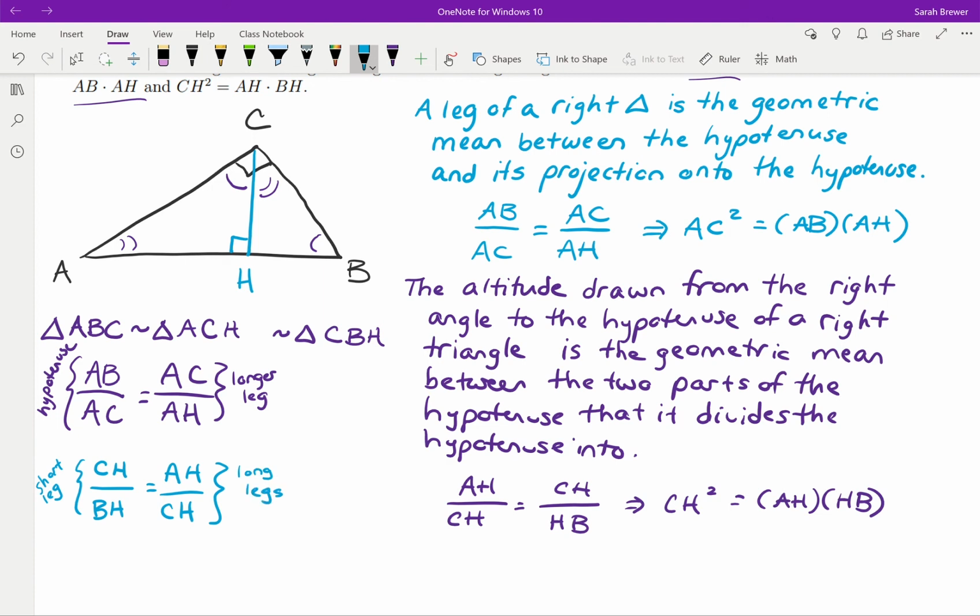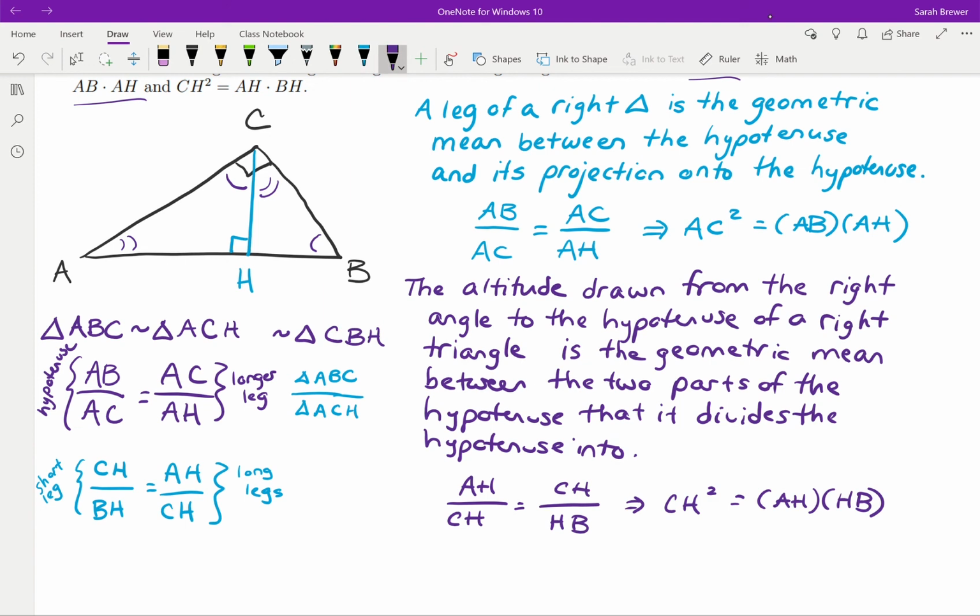And so in this purple one, I was just looking at my original triangle. And maybe I'll write it this way. So here I was looking at triangle ABC over values in triangle ACH.